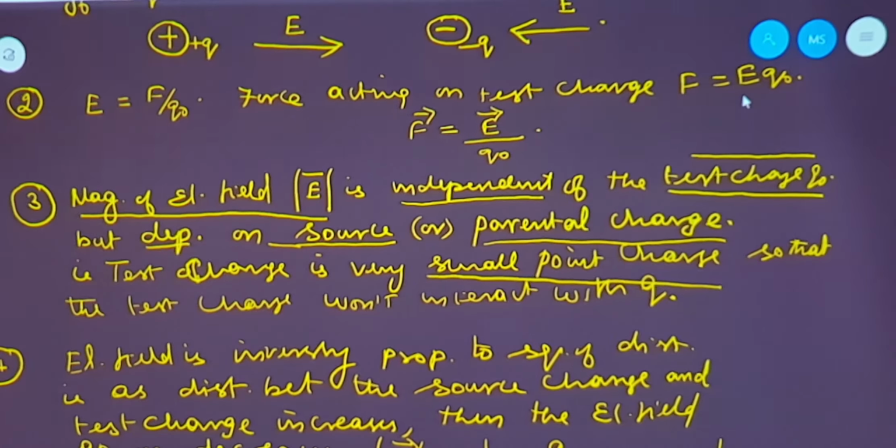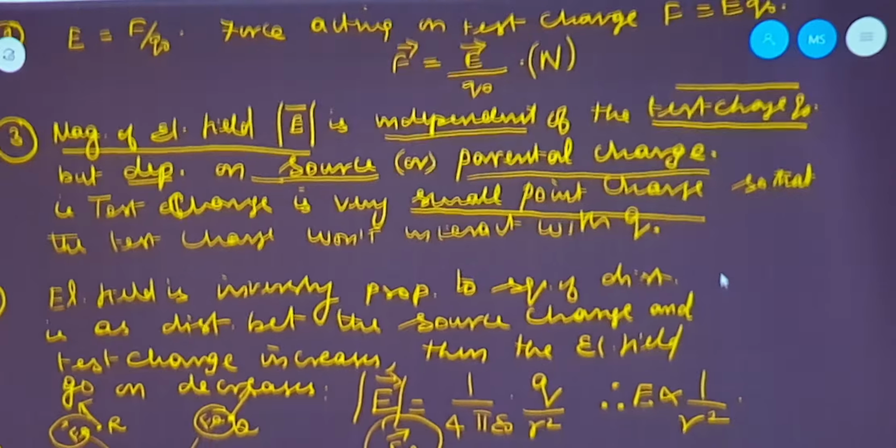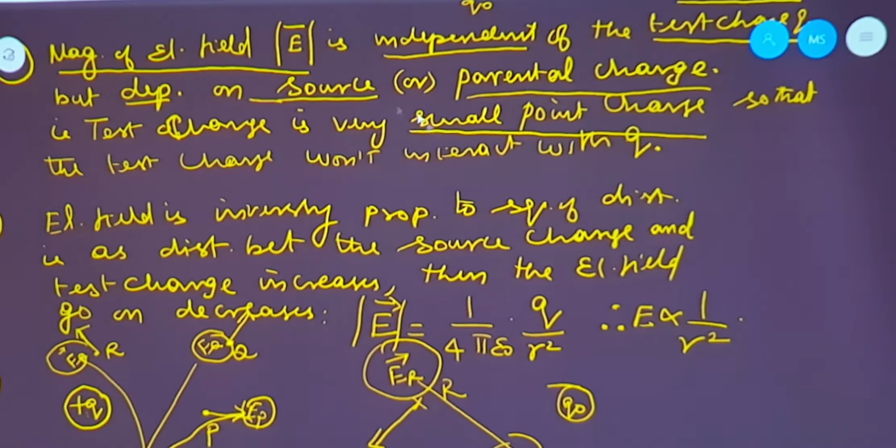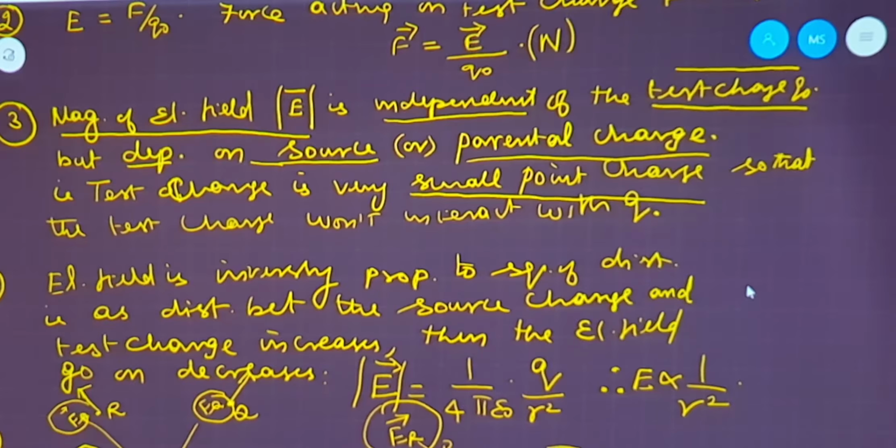The unit is Newton. Then the magnitude of the electrical field E vector is independent of the test charge because the formula is not including Q0, but it depends upon the source, that is the parental charge.